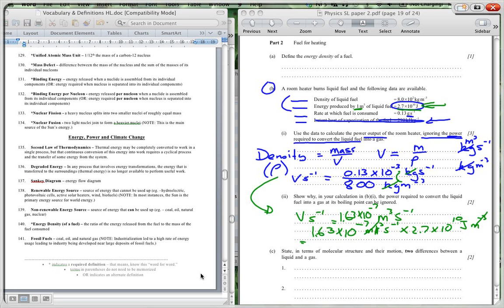I get out of that 4,387.5, which is about 4.4 kilowatts. I do two significant figures because I've been given all my data in two significant figures. Okay, so that is that part.